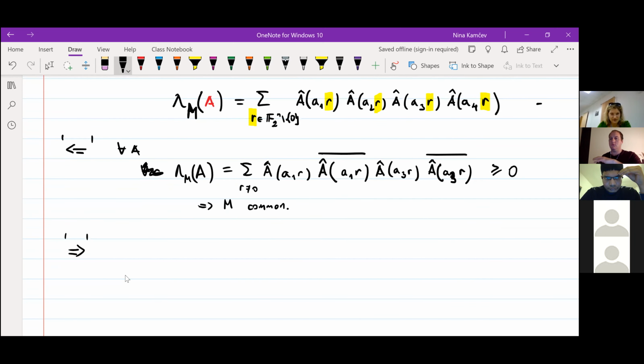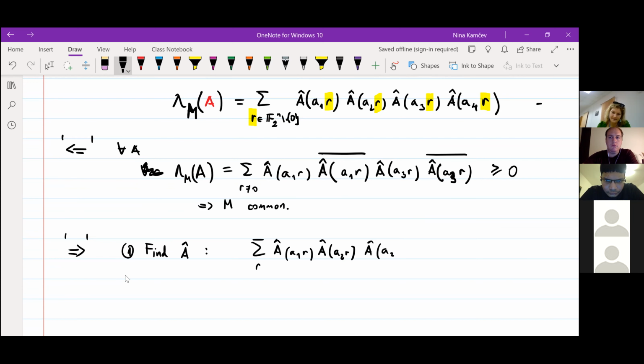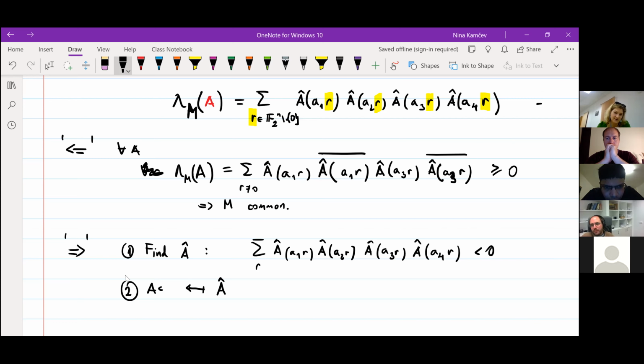So the first step is going to be: find A hat such that this sum over R of the Fourier coefficients is negative. And then the second step will be to take this A hat and translate it back into a coloring of F_q to the n.